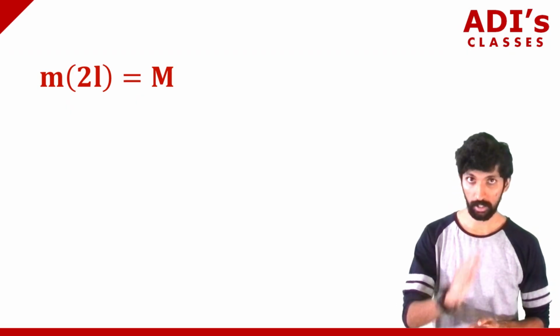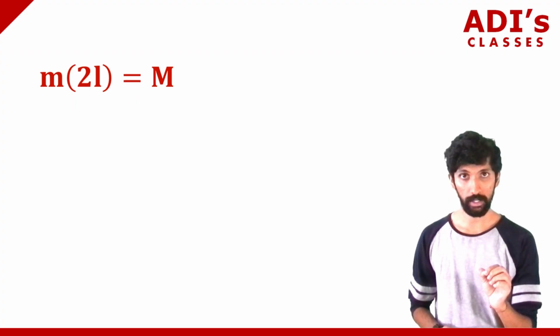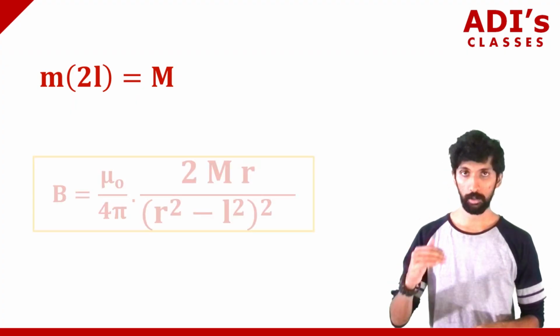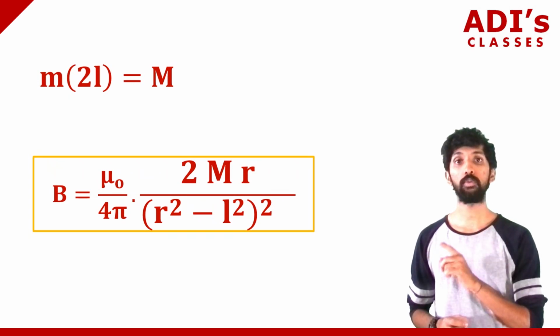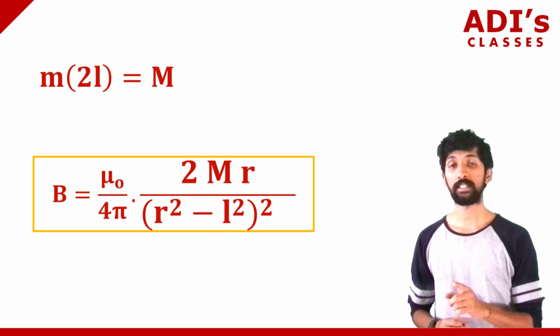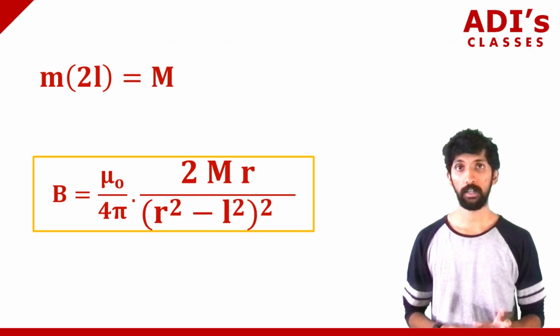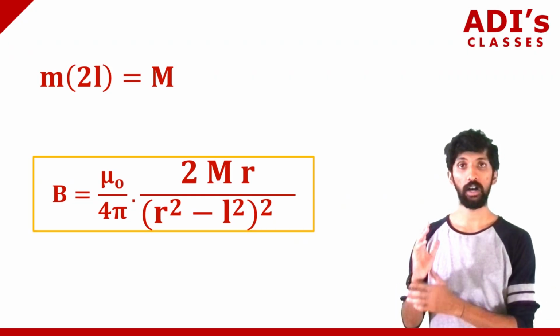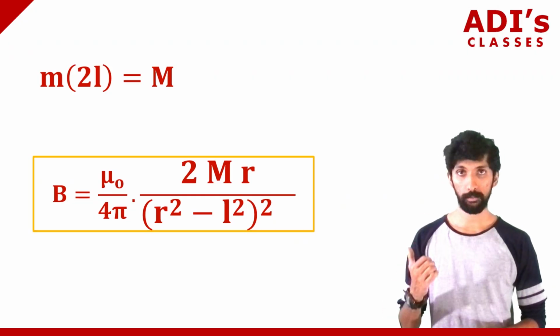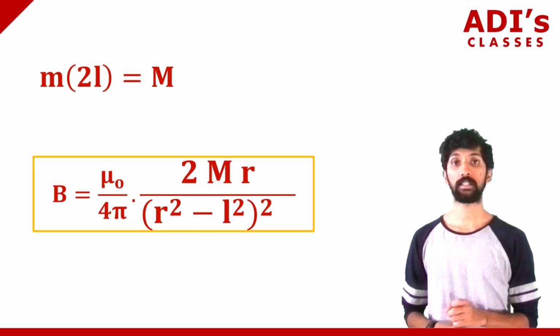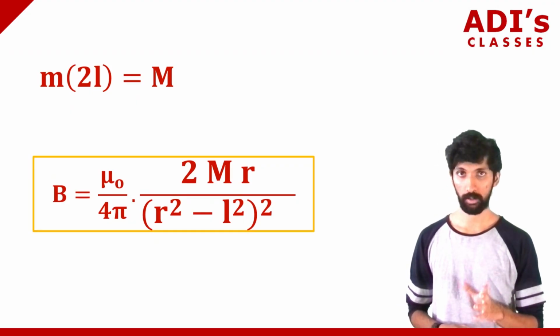So what you end up with is B is equal to mu naught by 4 pi into 2mr divided by (r square minus l square) whole square. I repeat this again: B is equal to mu naught by 4 pi into 2Mr divided by (r square minus l square) whole square.